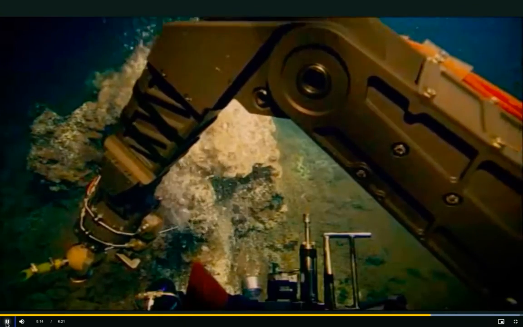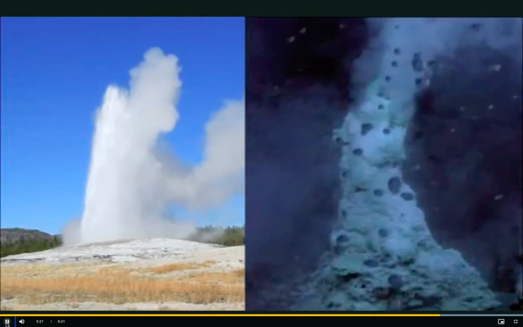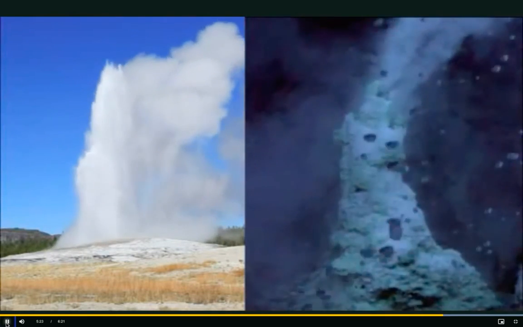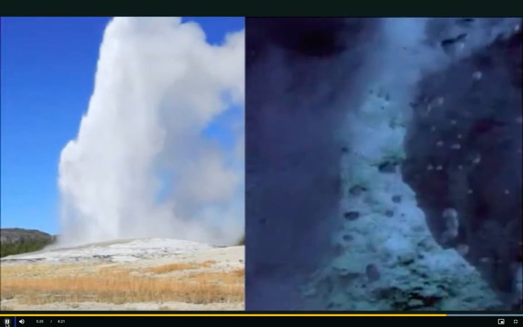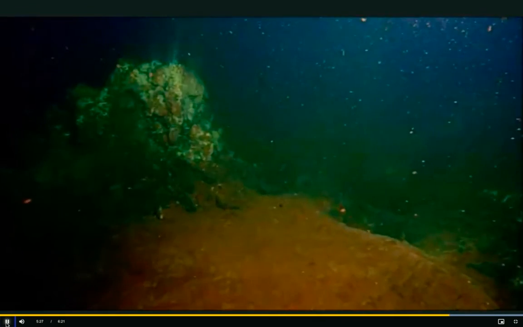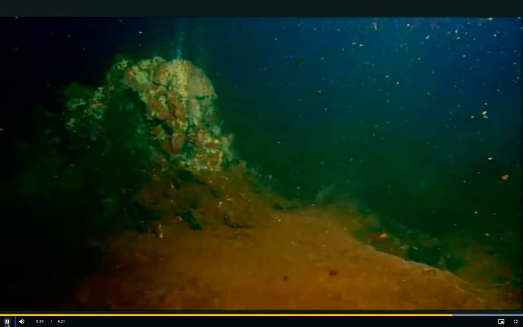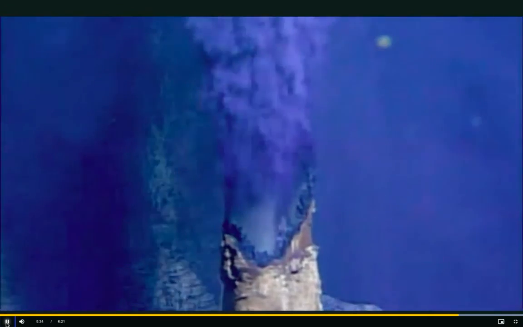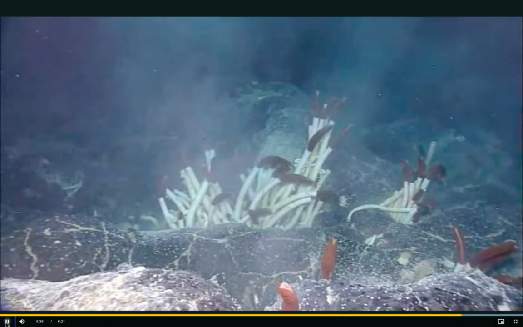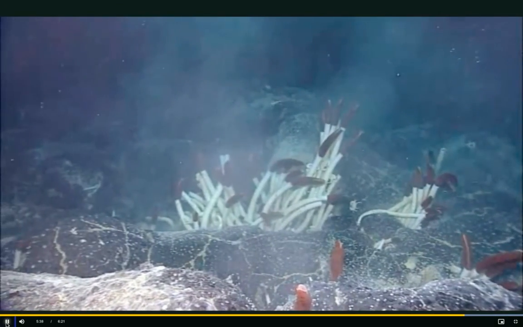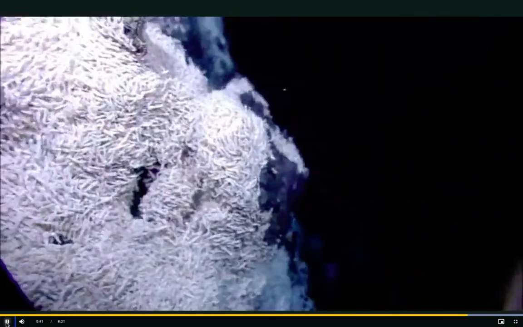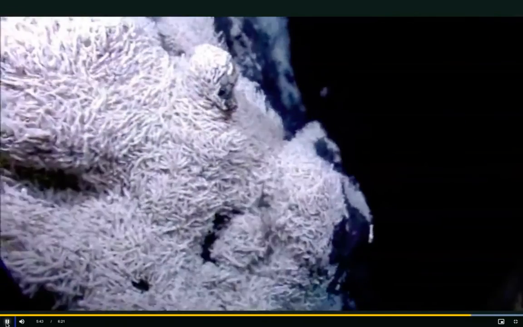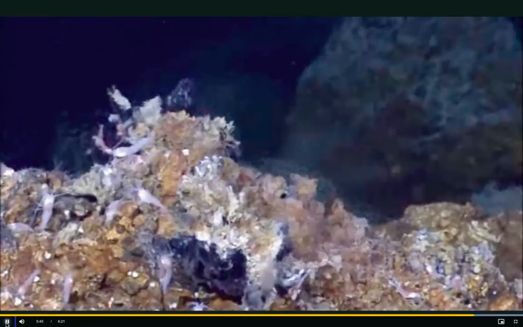The water pressure is so great down here that what appears to be a gentle outpouring of water would actually be a violent eruption if it were on the surface, much like geysers we see on land. The vent fluid can be up to 750 degrees Fahrenheit, 400 degrees Celsius, but it does not boil because of the immense pressure. It's amazing that life can thrive under these conditions, in the midst of scalding hot water, immense pressure, and near freezing ocean depths.